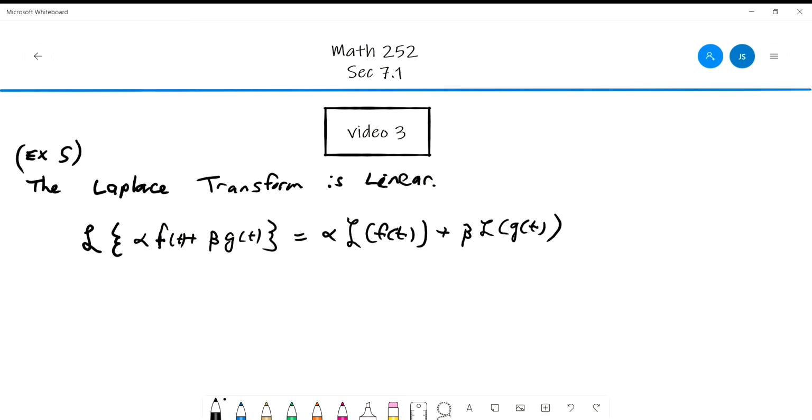And we can prove that pretty easily, because let's just use the definition.